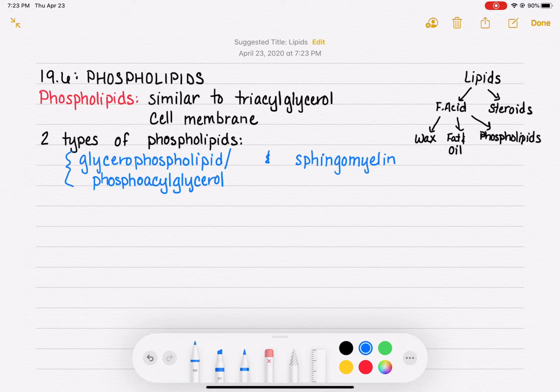So there's two different types of phospholipids, and we are going to start by looking at the glycerophospholipids or the phosphoacylglycerol. So that will be our number one.